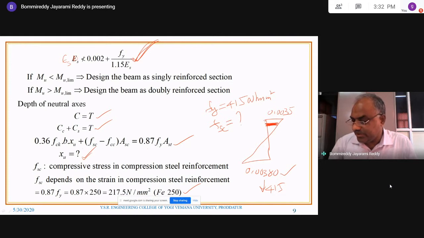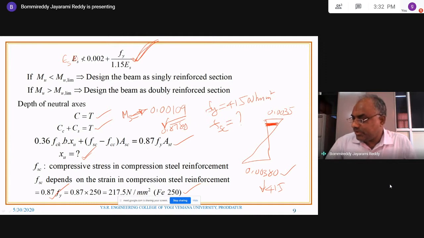Whereas in case of mild steel, fsc is also equal to the same value, because in case of mild steel, what is the maximum strain? 0.00109, approximately. Last class I have shown. At this strain itself, the stress is 0.87 times fy for mild steel.